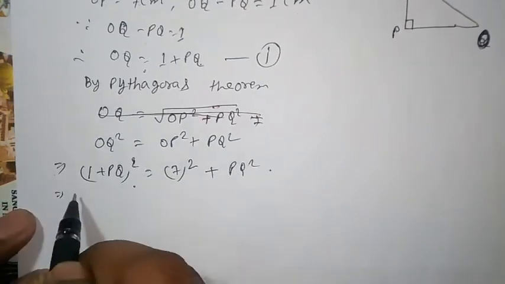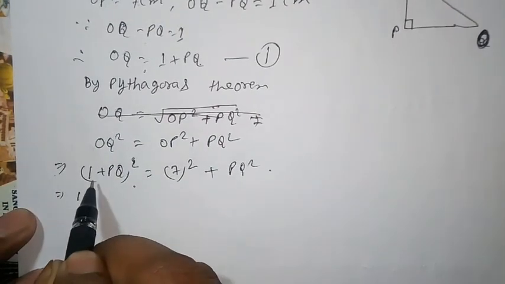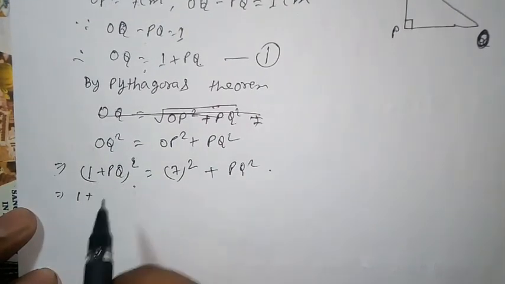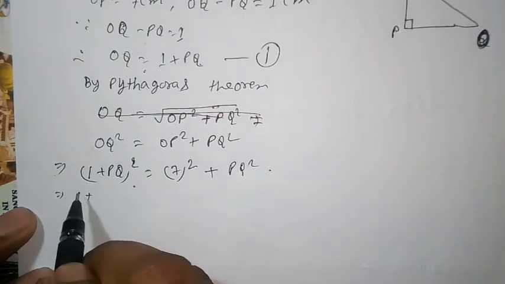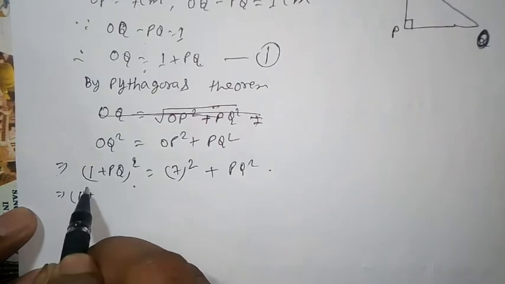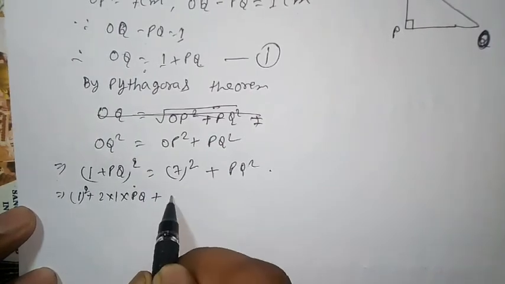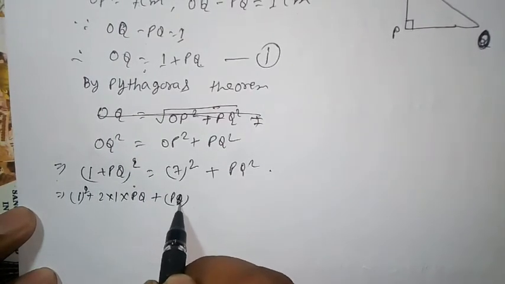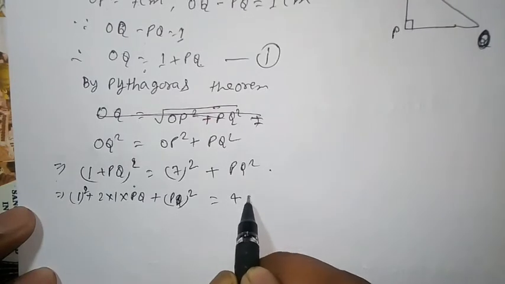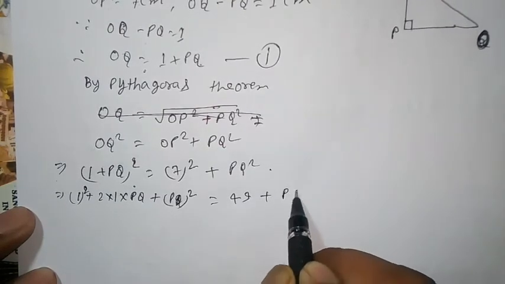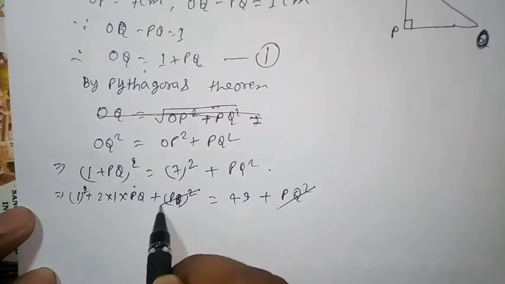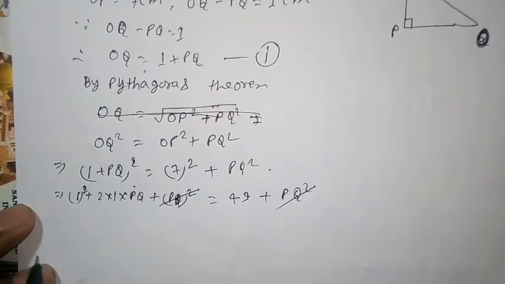Implies, by the formula A plus B the whole square is equal to A square plus 2AB plus B square, 1 plus 2 PQ plus PQ square is equal to 7 square, that is 49, plus PQ square. PQ square cancels.